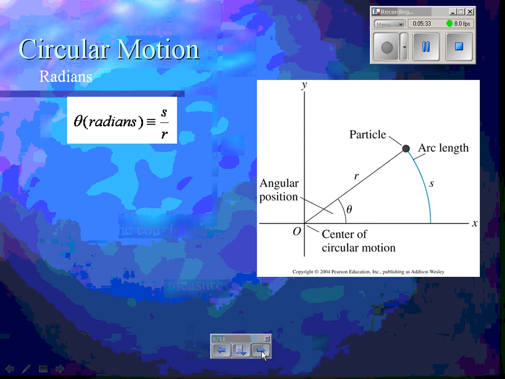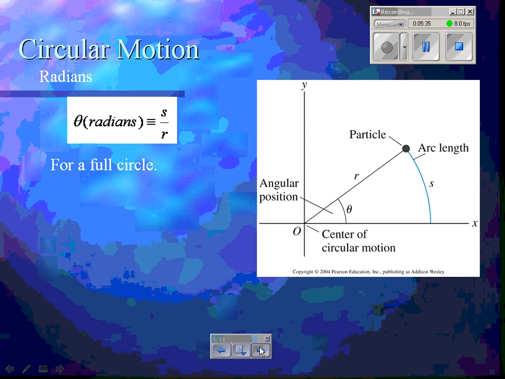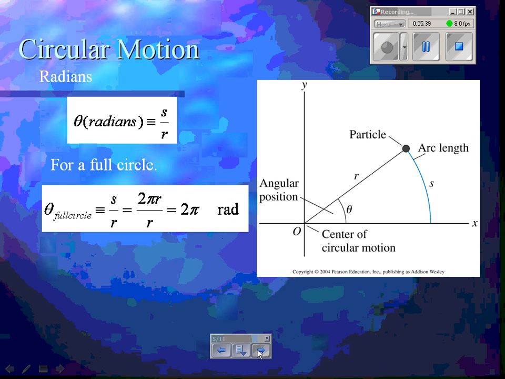For a full circle, that whole distance around is the whole circumference, which is 2 pi r. Divided by r, the r's cancel, and so the theta for the full circle is 2 pi radians.